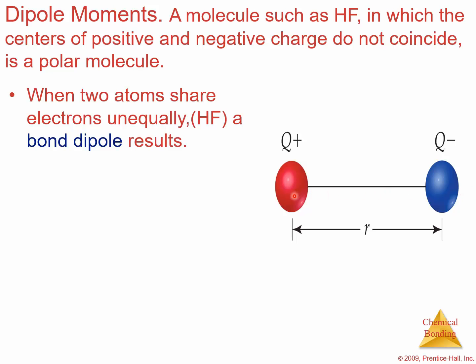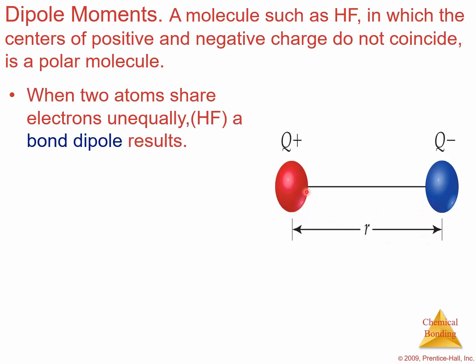A molecule such as HF, in which the centers of positive and negative charge do not coincide, is a polar molecule. Thus, we describe both bonds and entire molecules as being polar and nonpolar.